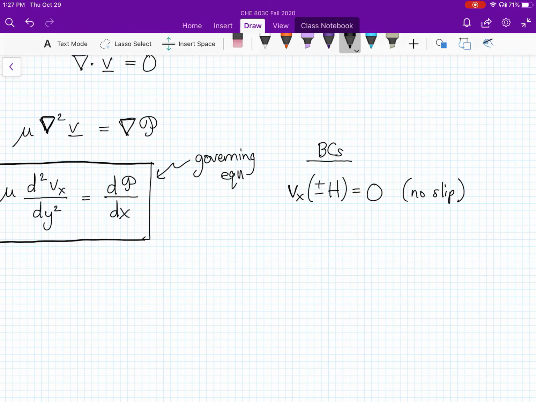We also have a symmetrical boundary condition in the center of the pipe. So this is our symmetry boundary condition.